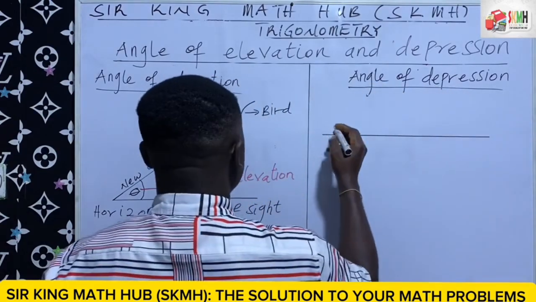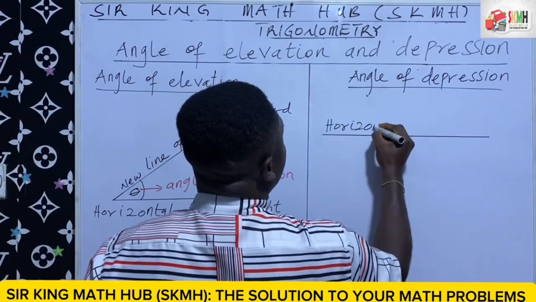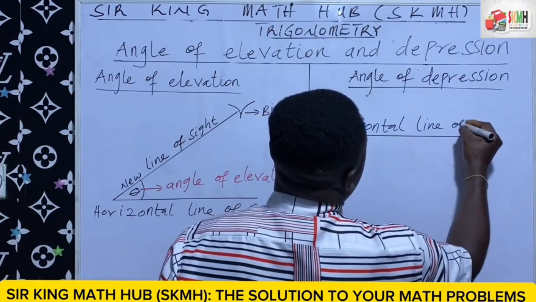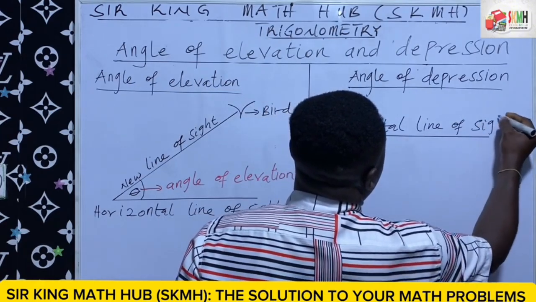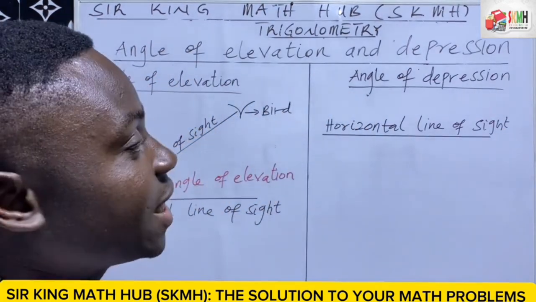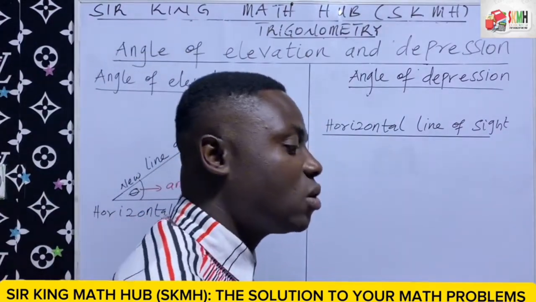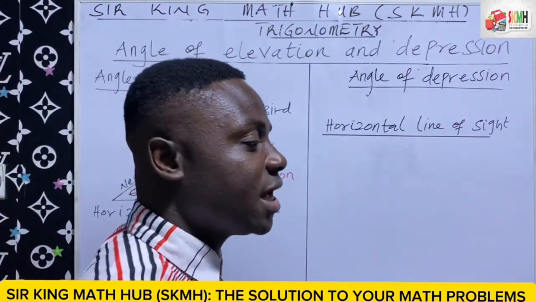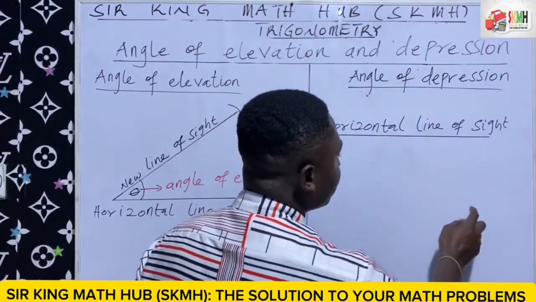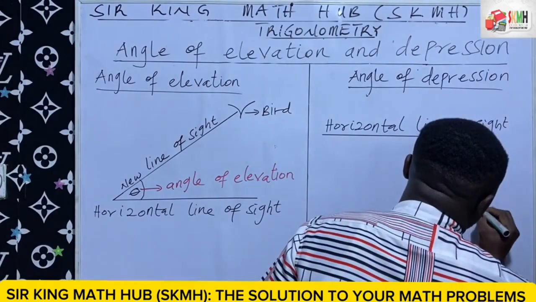I'm calling this line the horizontal line of sight. Now this time I want to view an object on the ground. So what do I do in order to view an object on the ground? Let's say we have an object here.